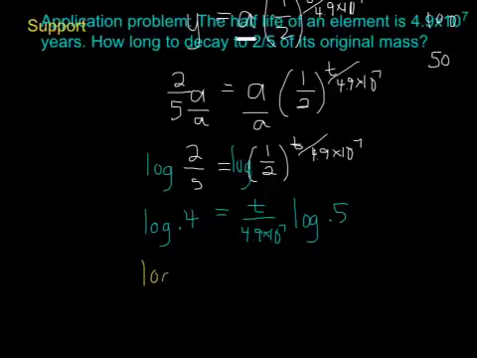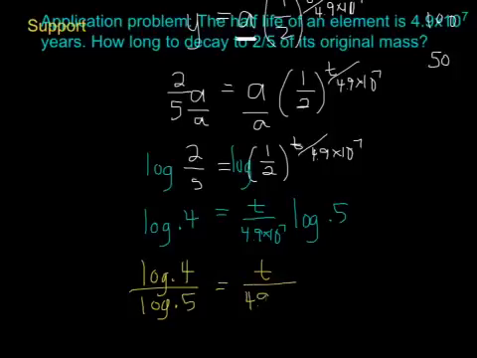I'll divide by 0.5 that logarithm. Oh, we're getting closer. T over 4.9 times 10 to the 7th will be that quotient of log 0.4 divided by log 0.5. Then I simply need to multiply by this humongous number, 4.9 times 10 to the 7th.